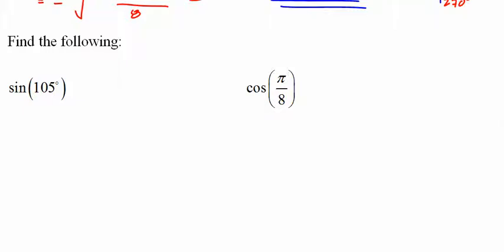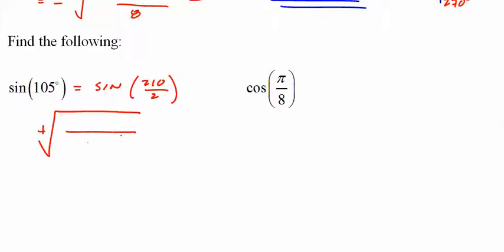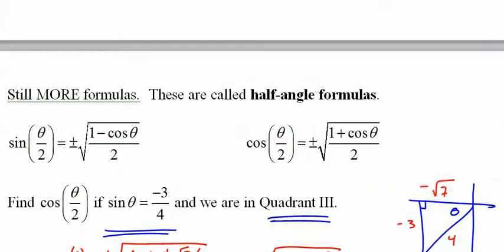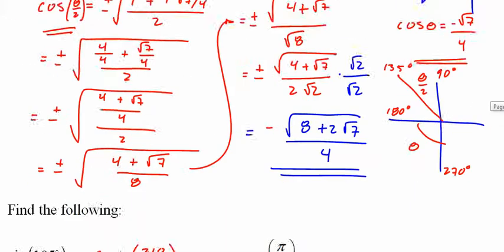So a lot of people look at this and say, why don't we just do sum and difference, 60 plus 45? I say, no, that's not what we're doing here. We're doing half-angle formulas. We could rewrite this as 210 over 2. Now it's sine of 105. We know that's going to be positive. It's sine of a half-angle formula, so if you go all the way back up, it's a positive in there.